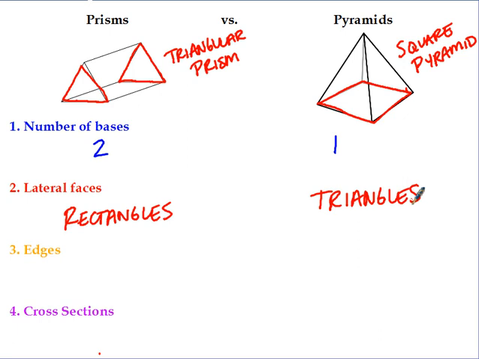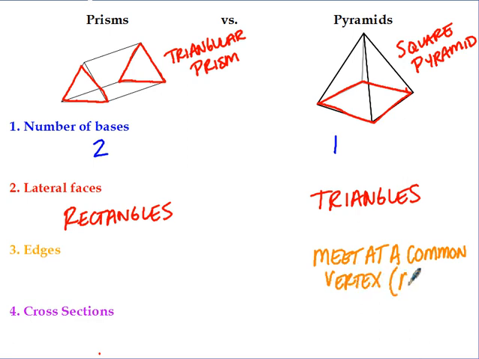Now, the edges, and what this means, it's not the number of edges, but it's more what are the edges doing. Well, the edges in a pyramid, they all meet at a common vertex, which sometimes it's called the apex. So all the edges are going up here to meet at this apex at the top.